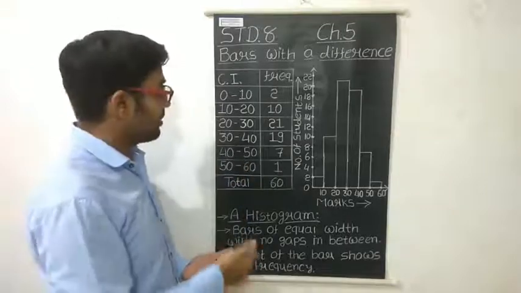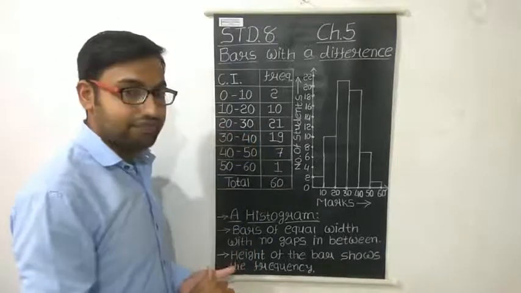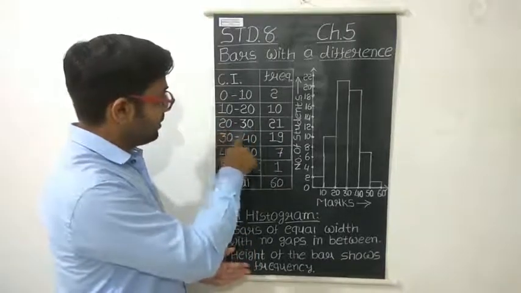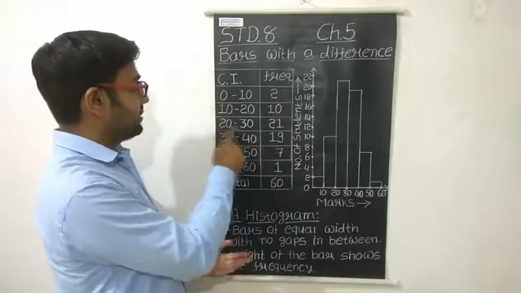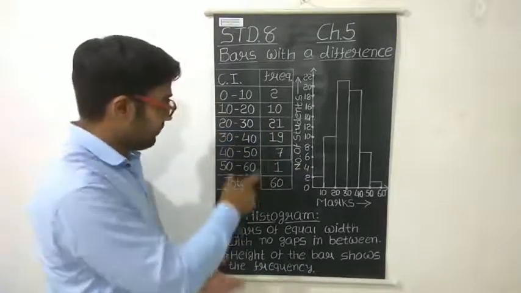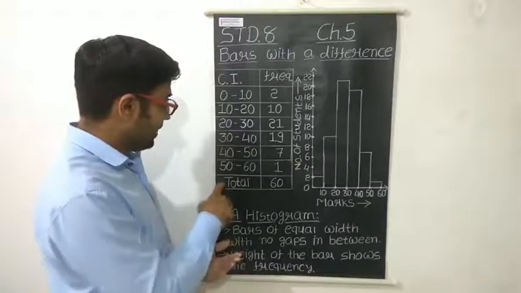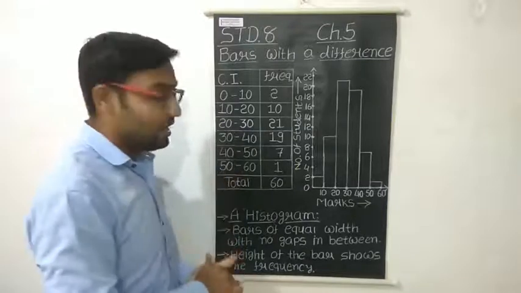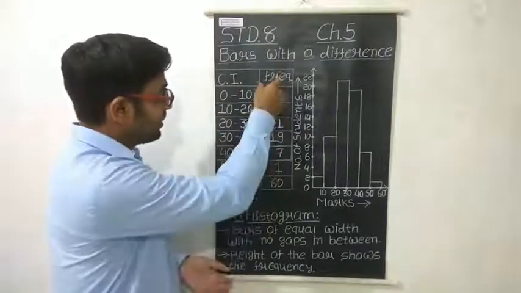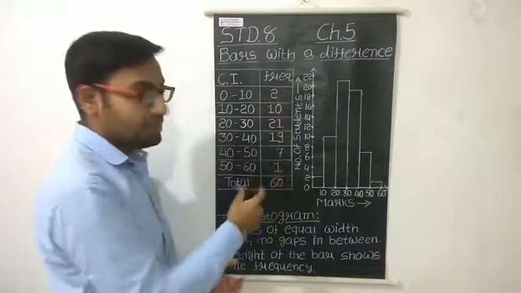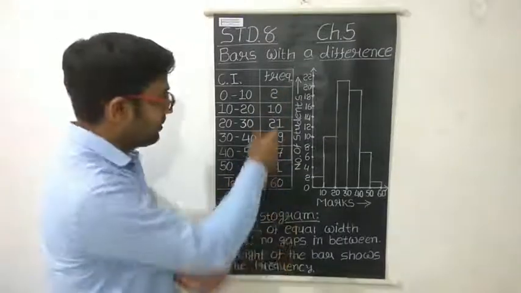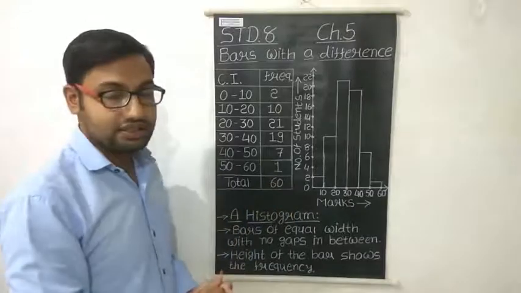Between 10 and 20 it is 10. The number of students who got marks between 20 and 30 is 21. In this way, the number of students who got marks between 50 and 60 is 1. This is the frequency, that means the number of students. The total number of students is 60.